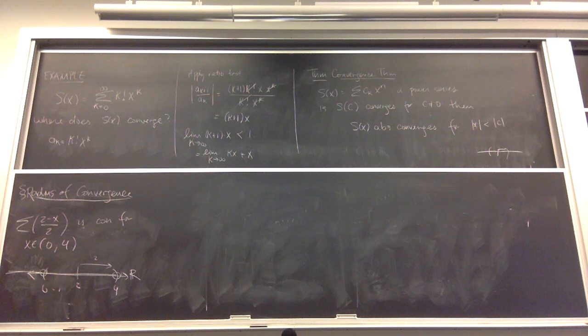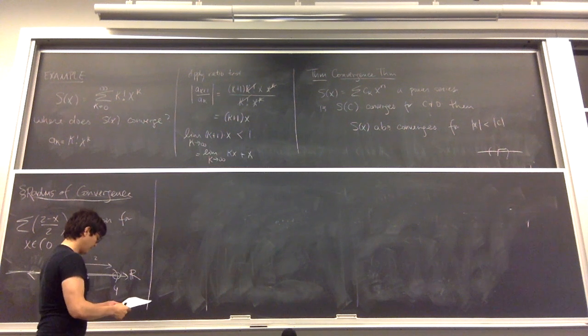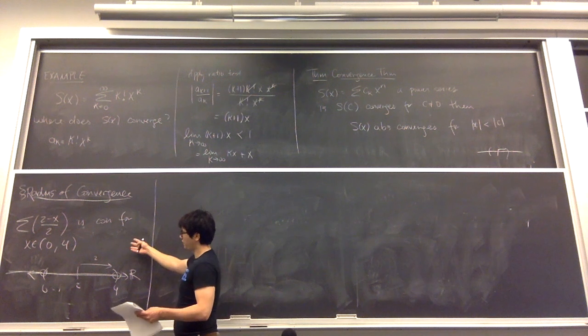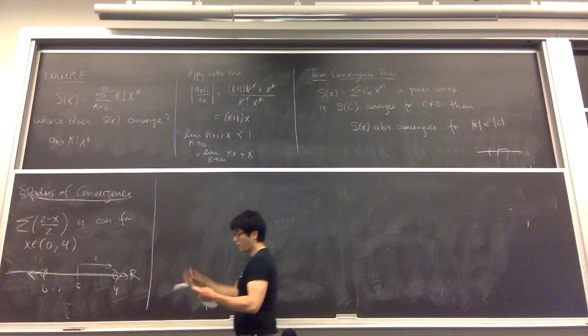You're going to have to evaluate the power series, in this case at 0 and 4, and then use all the tools that you have for normal series to determine convergence or divergence. Again, the radius of convergence was 2, the interval of convergence is 0 through 4, and the center was at 2 for that example.